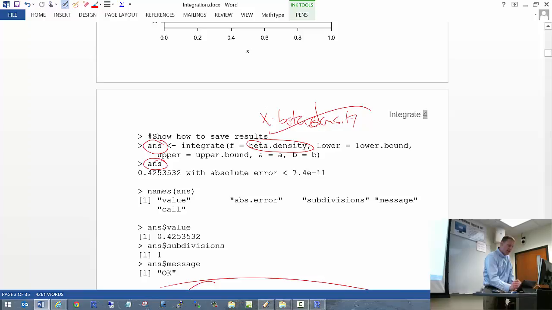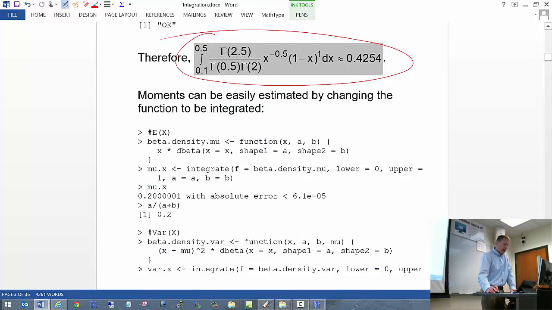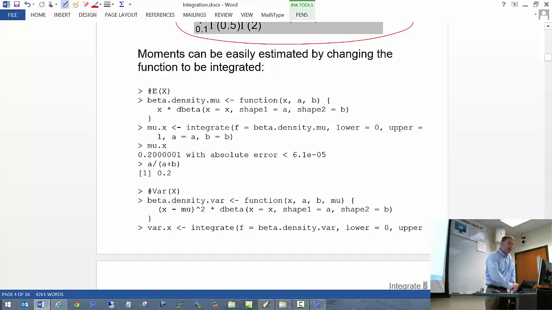Instead, what you need to do is write a new function that does the evaluation you want. So if I want to find the mean, I'm going to create a new function called beta.density.mu, where it's the same as before, but now I have an x asterisk there with dbeta. If I do the integration over the entire region, of course, I get 0.2.